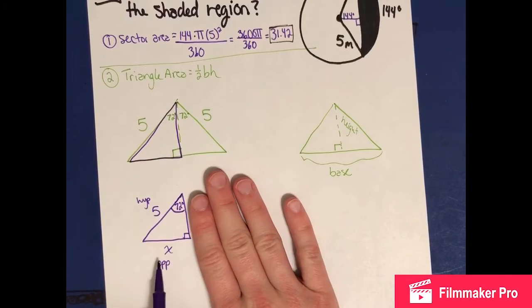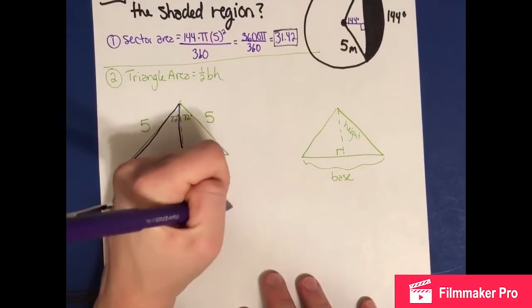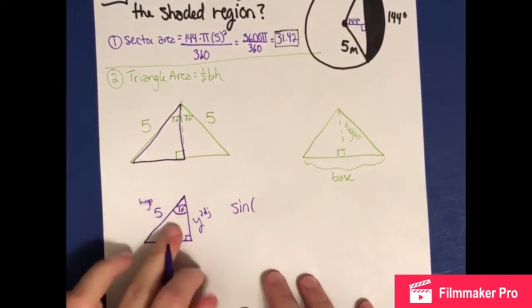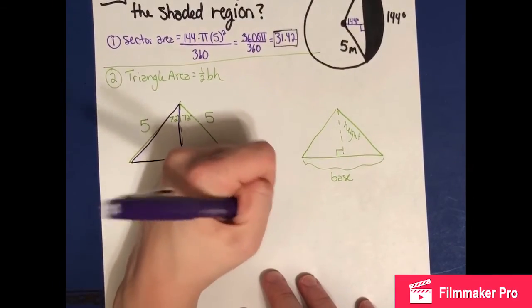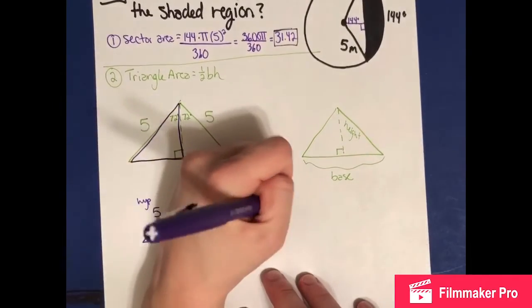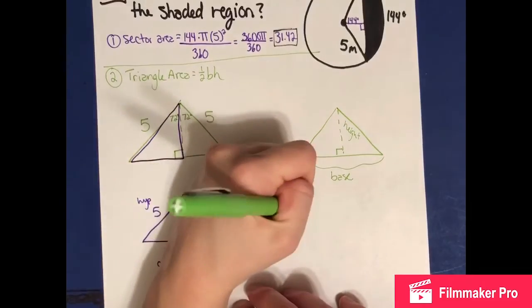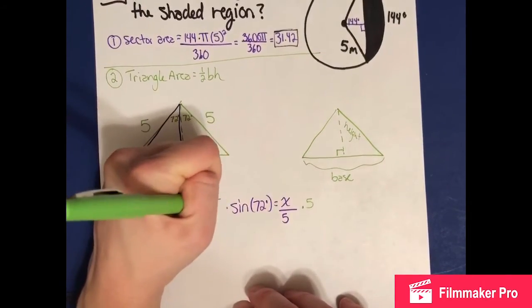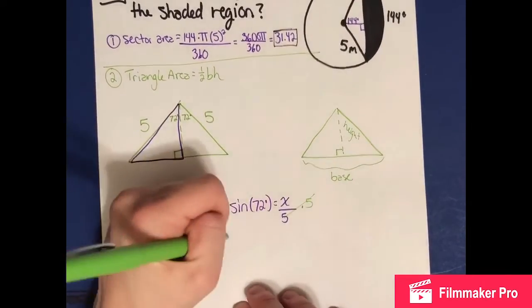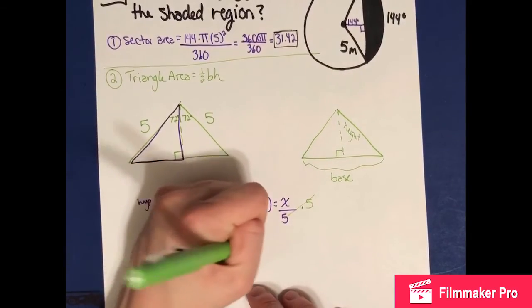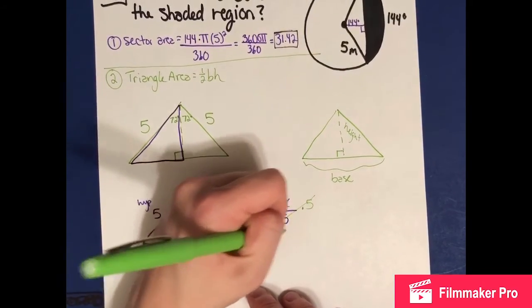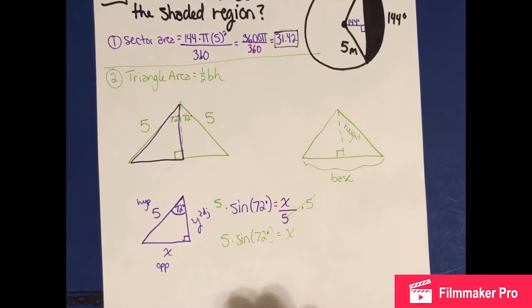I have 72 opposite and hypotenuse, so OH, so that's sine. So I have sine of 72 degrees equals so it's X over 5. Okay, multiply each side by 5 to get the 5 to the other side. I have 5 times sine of 72 degrees equals X, okay?